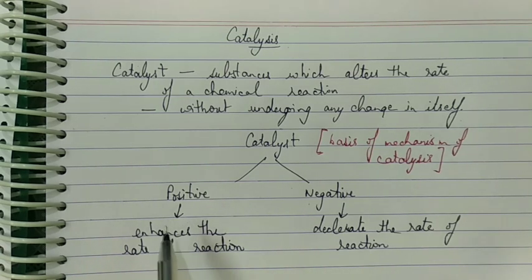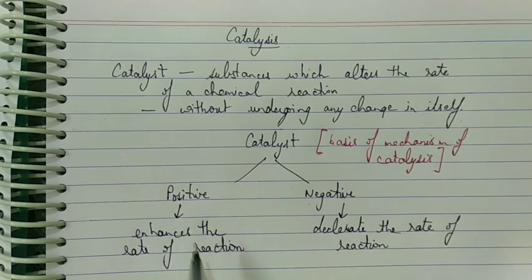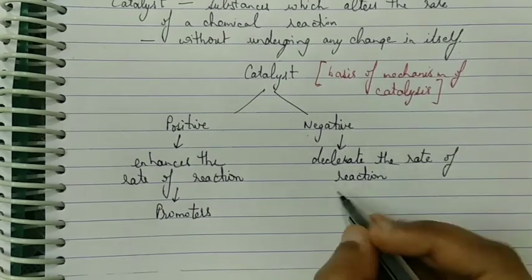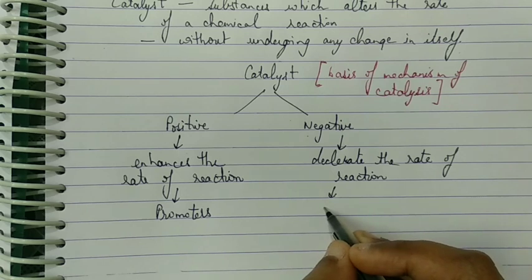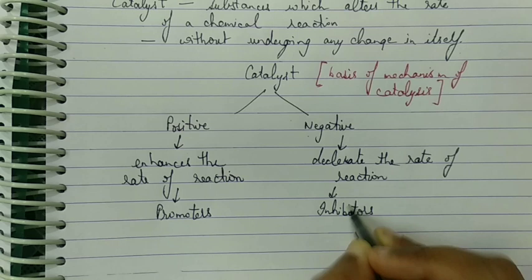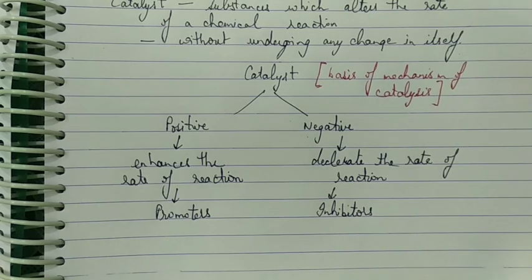These positive catalysts are also termed as promoters, because they enhance the rate of reaction, whereas these negative catalysts are known as inhibitors because they decrease the rate of reaction.